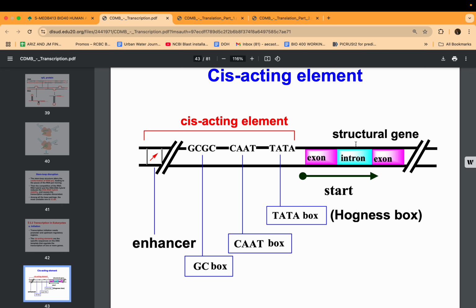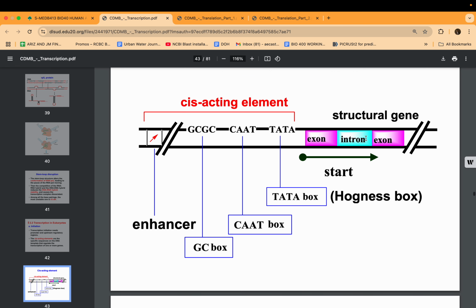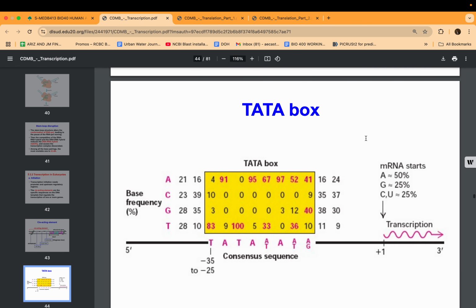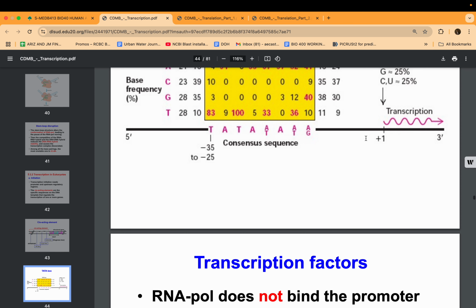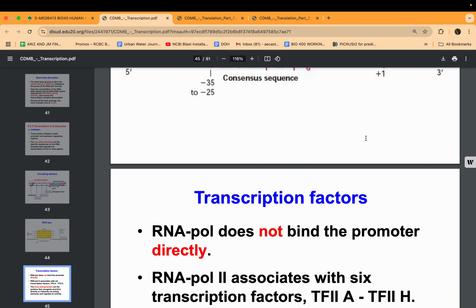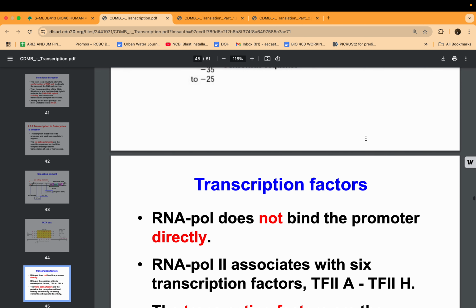Okay, and these cis-acting elements are upstream to the structural gene component that is later on transcribed as mRNA. So here we have the TATA box, which has been identified as a consensus sequence in different types of organisms, or eukaryotes, to be specific.